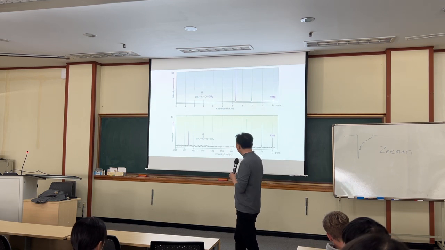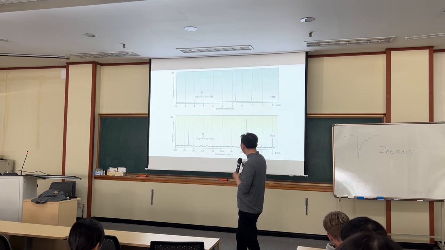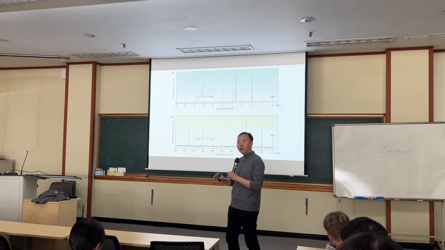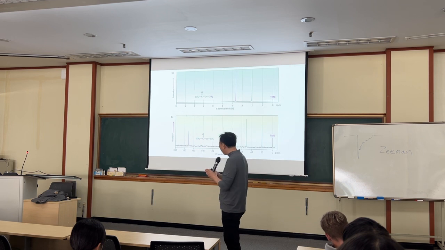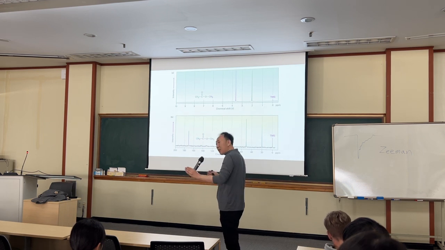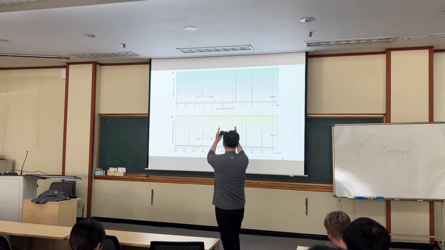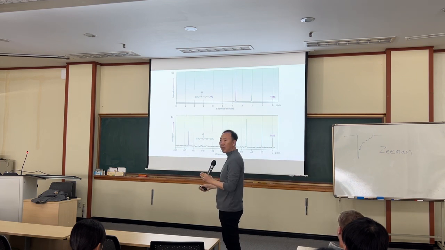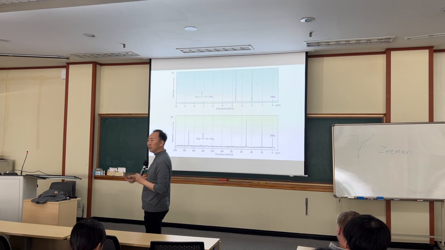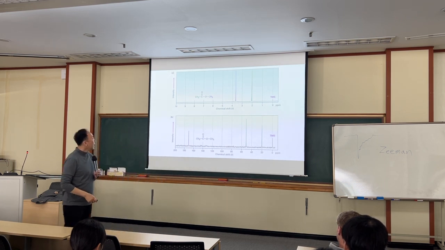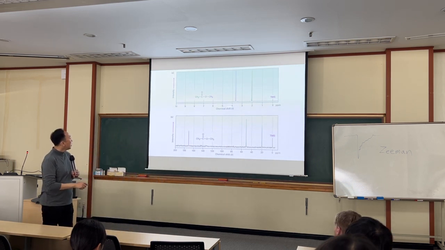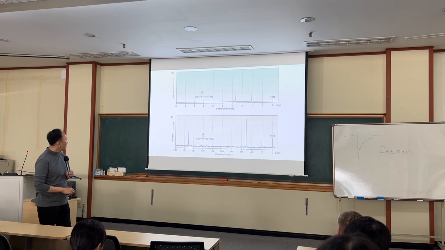So it seems like it's the same unit we use, but the scale is only 25% of the proton. If it's 4 times bigger, then it looks like the number is big, but it's not really big. Okay, so proton 0 to 10, carbon 0 to about 200.